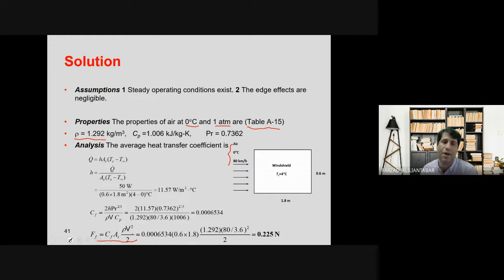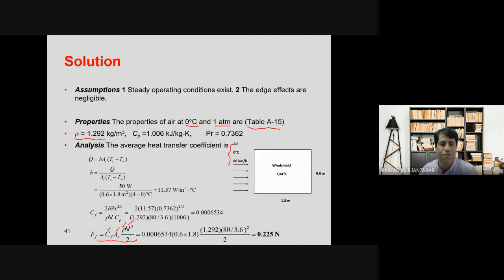Let's see what we have and what we don't have. The velocity of the air we have, but it is in kilometers per hour, we need to convert to meters per second. The density we have from the table, and As, the surface area, we can calculate.